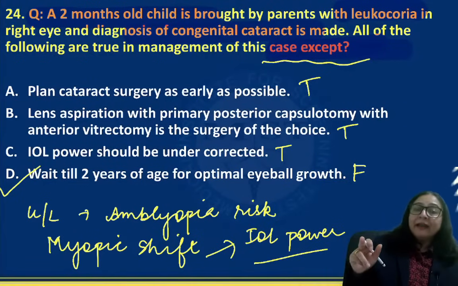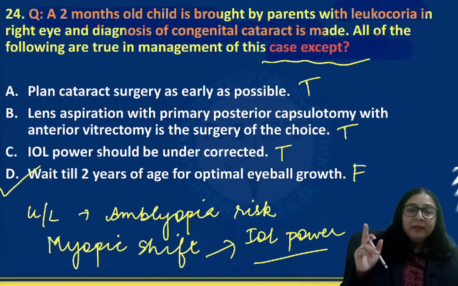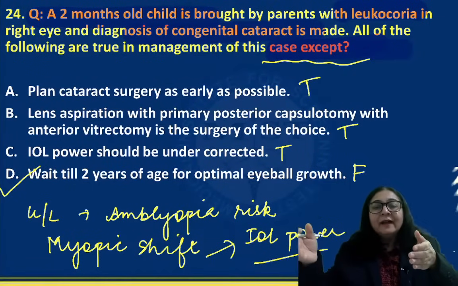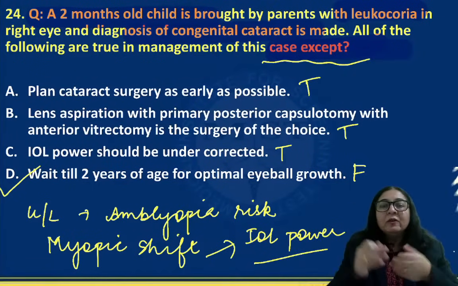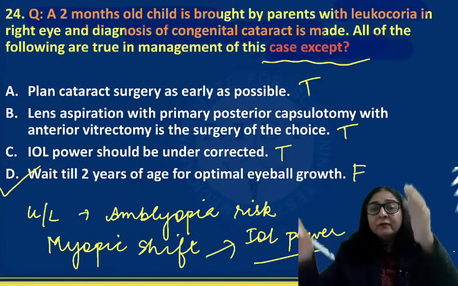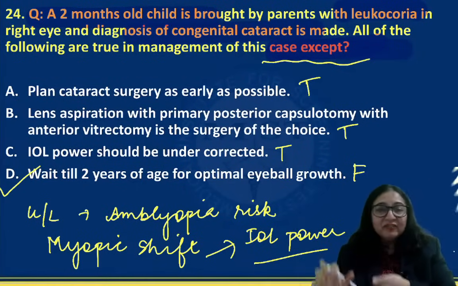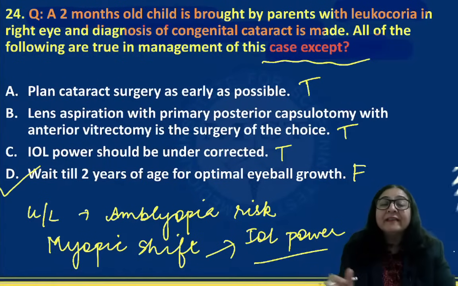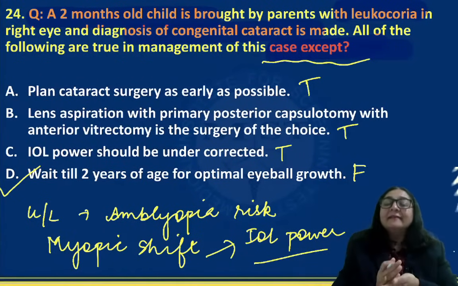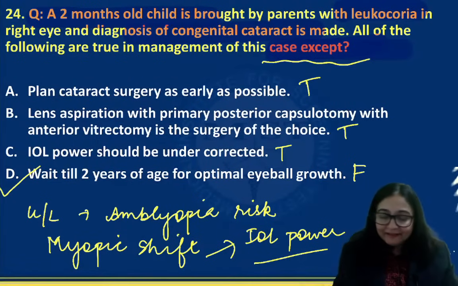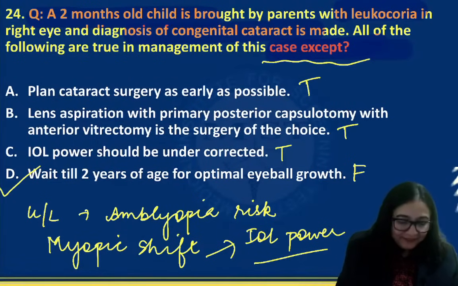Even bilateral cataracts will cause that, but in unilateral, because one eye is normal, the eye which is weak, that is a rule of nature: whatever is weak will be suppressed further. So unilateral cataracts have to be managed as early as possible. Do not wait. That's the right way to say it.